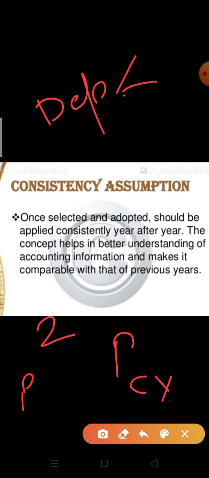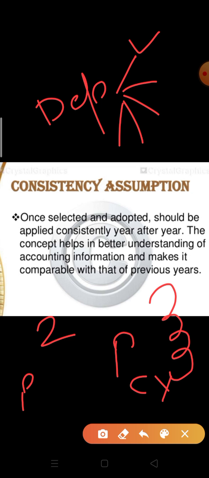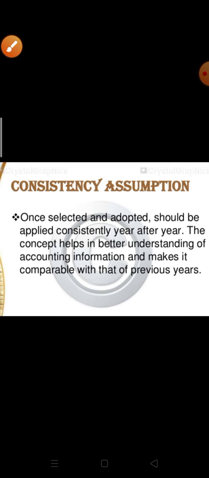There are various methods of depreciation: straight line method, written down value method. We will discuss about it. But it is expected that a method once chosen will be followed consistently year after year. This is what consistency assumption is.